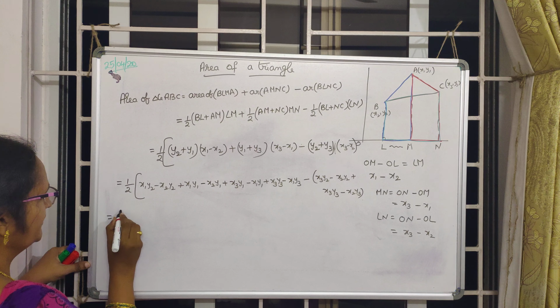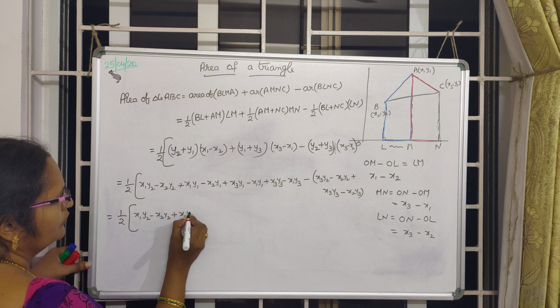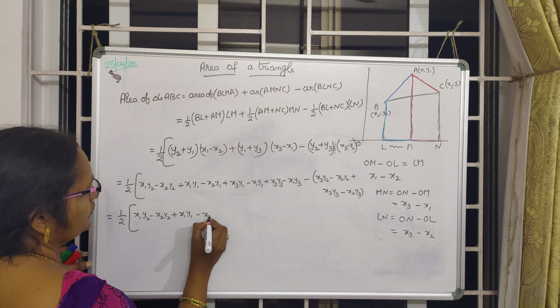Now I am opening the brackets there: x1 y2 minus x2 y2 plus x1 y1 minus x2 y1 plus x3 y1 minus x1 y1 plus x3 y3 minus x1 y3 minus x3 y2 plus x2 y2 minus x3 y3 plus x2 y3.